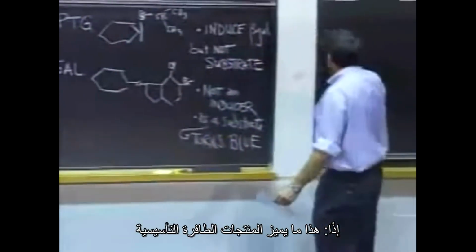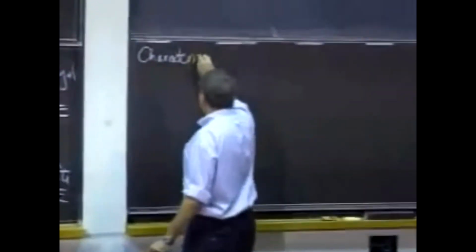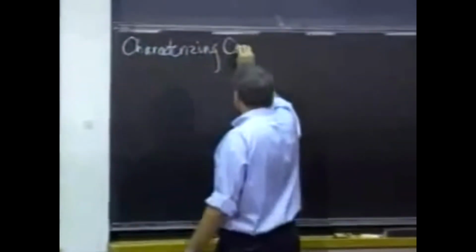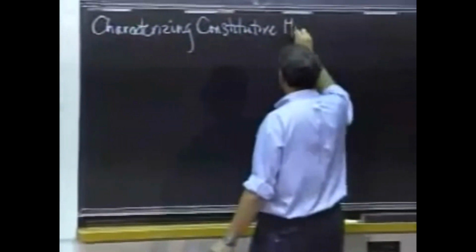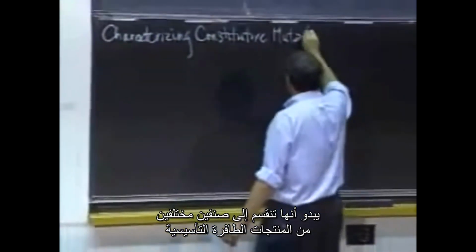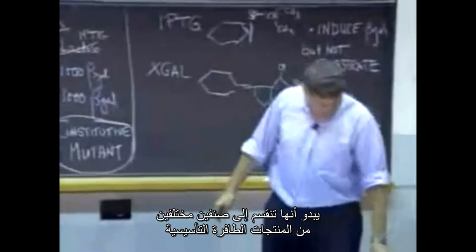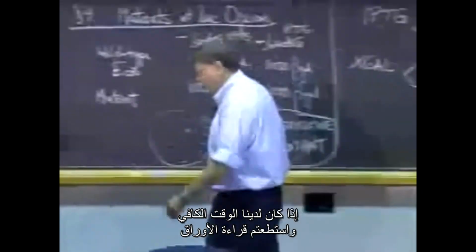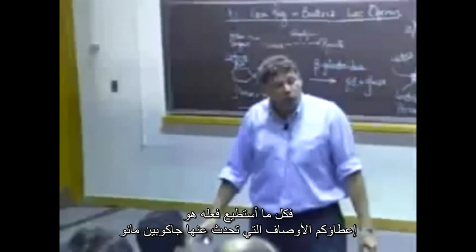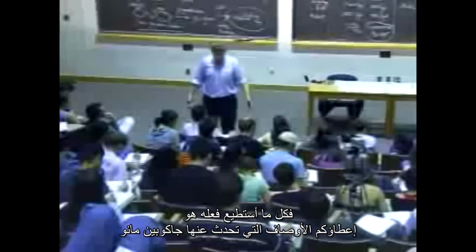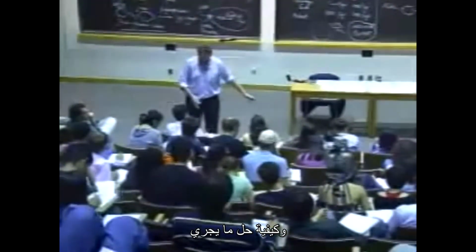So, characterizing these constitutive mutants, it turns out that they fell into two different classes. If we had enough time, and you could read the papers and all, what I would do is give you the descriptions that Jacob and Monod had of these funny mutants which they'd isolated and were trying to characterize, and how to puzzle out what was going on.